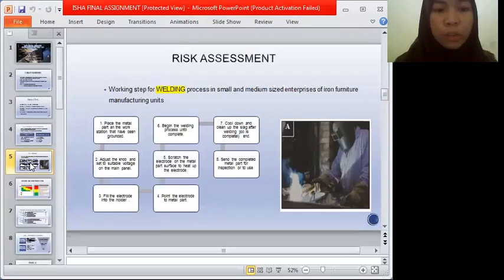Fill the electrode into the holder. Point the electrode to the metal part. Scrape the electrode onto the metal part surface to heat up the electrode. Begin the welding process until complete. Cool down and clean up the slag after the welding job is completely done. And lastly, send the completed metal part for inspection or use.